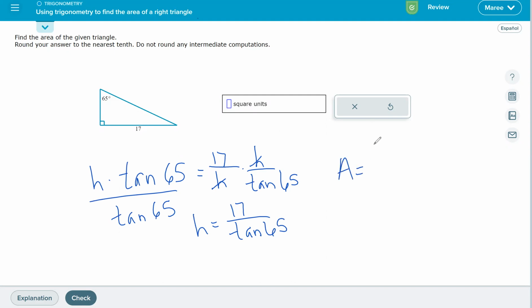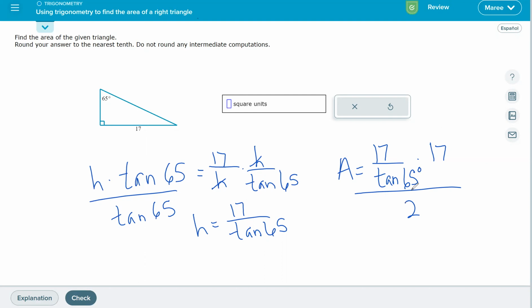So the area will be equal to, and we could type all of this in the calculator at the same time, 17 divided by tangent 65 times the base, and then divide that by 2. So I'm going to do 17 divided by tangent 65, and then times 17 divided by 2.